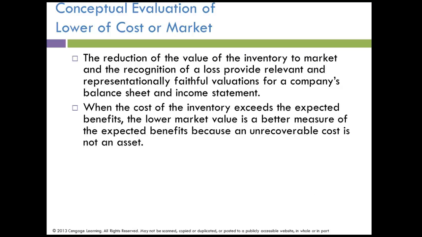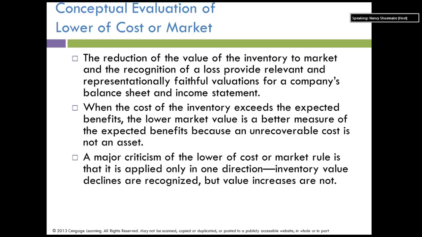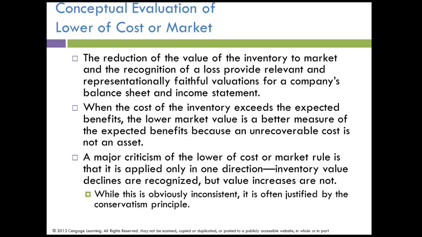We already talked about these. A major criticism of the lower of cost or market rule is that it's applied only in one direction. Good point. Inventory value declines are recognized, but value increases aren't recognized. So that is a complaint that people have in the conservatism approach, but that's been going on.